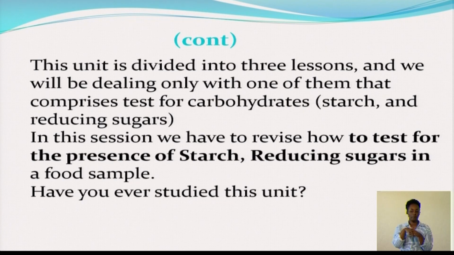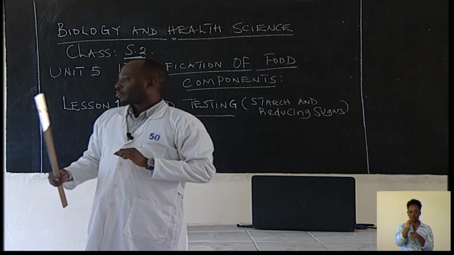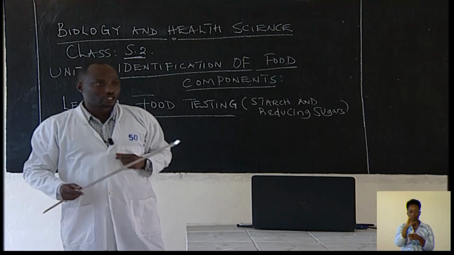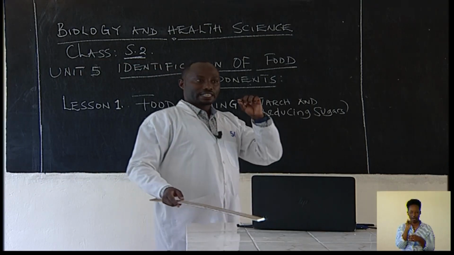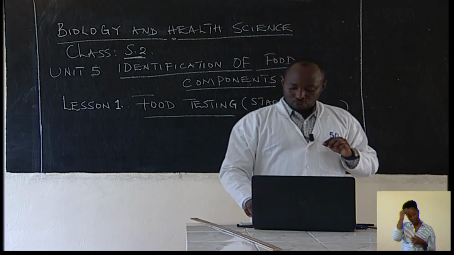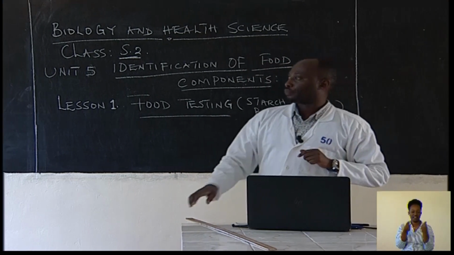So we are going to test starch now. Can we say the food contains starch? Can we say food contains carbohydrates, as an example of reducing sugars? Have you ever studied this unit, student? If you have, it is very easy for you to understand what I'm telling you.